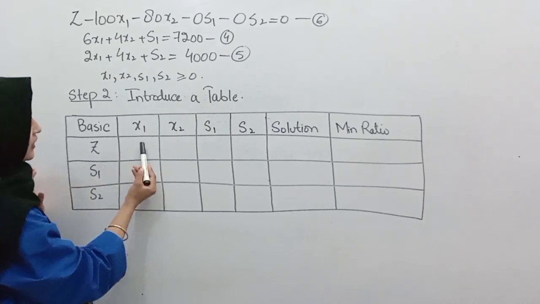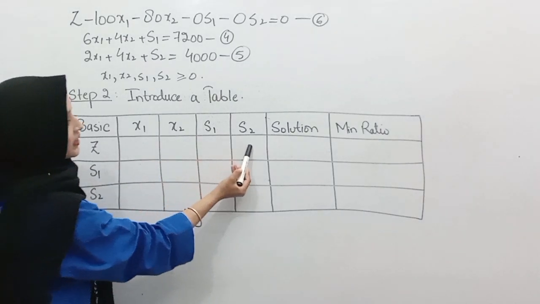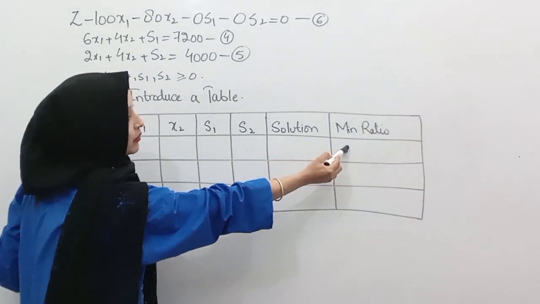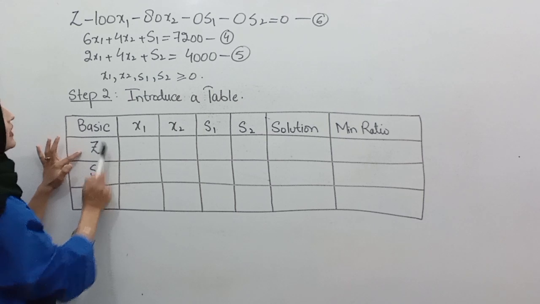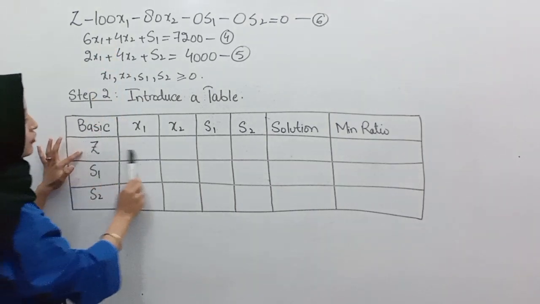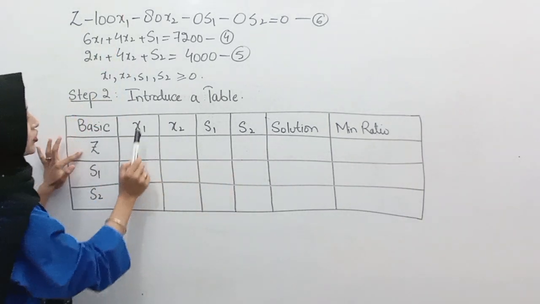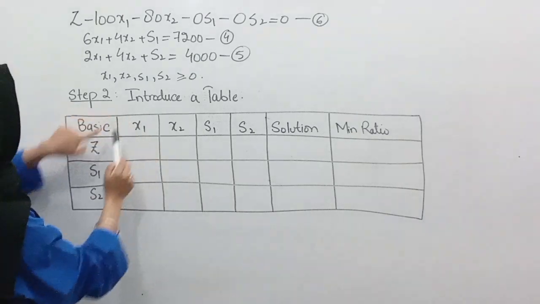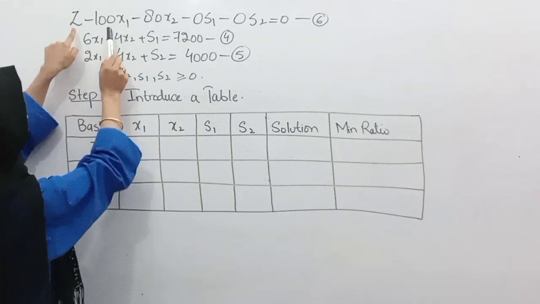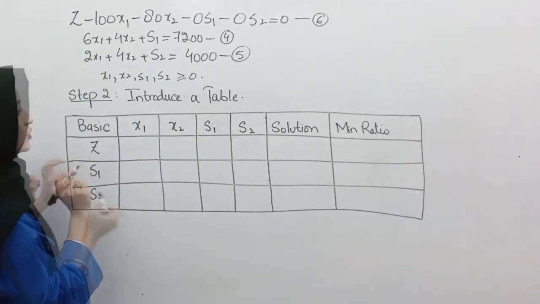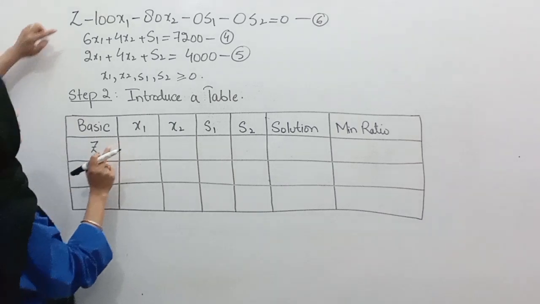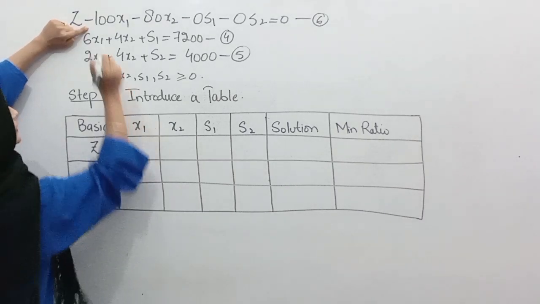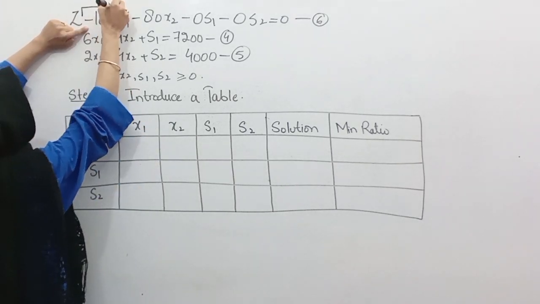Now we have to fill this table by using the coefficients in these equations. We take x1, x2, s1, s2, solution, and this is minimum ratio, and then here is z. Z is the objective function. We have to fill this table with the coefficients of the corresponding x1 in z, x2 in z, and s1, s2 and so on. From z, the coefficient of x1 is minus 100.